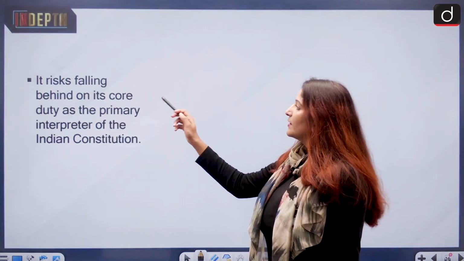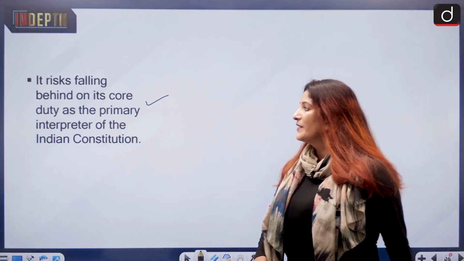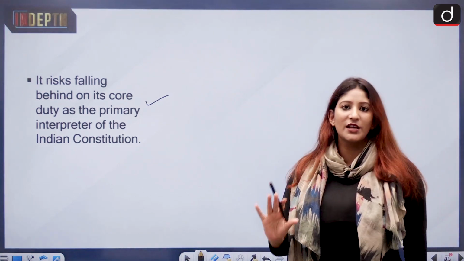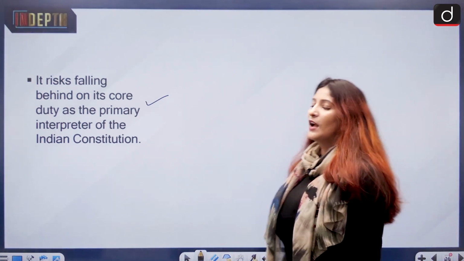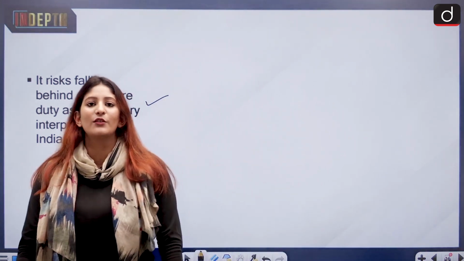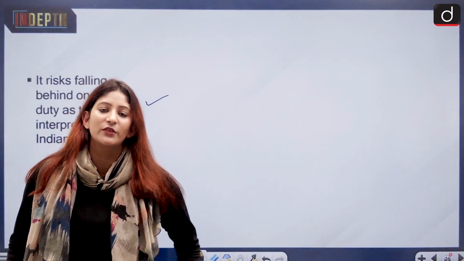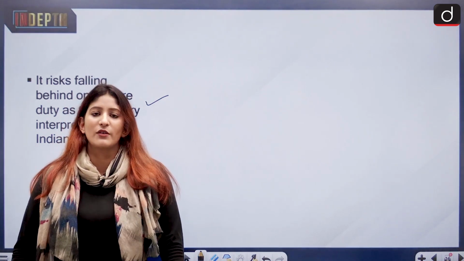Now it risks falling behind on its core duty as the primary interpreter of the Constitution, which I have already told you. One thing that we have to understand is that myriad cases are not the job of the Supreme Court. These are the jobs of the tribunals, district courts and high courts, obviously.